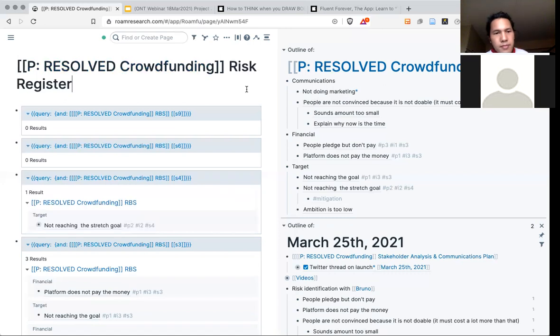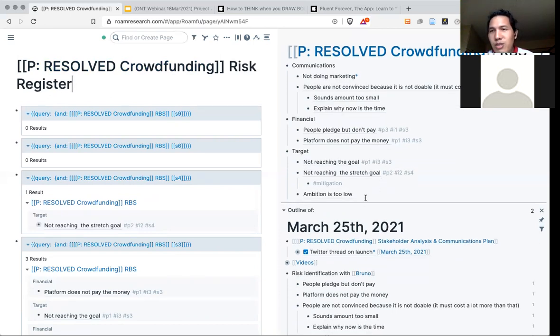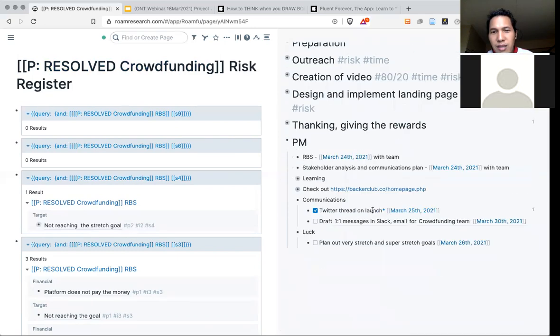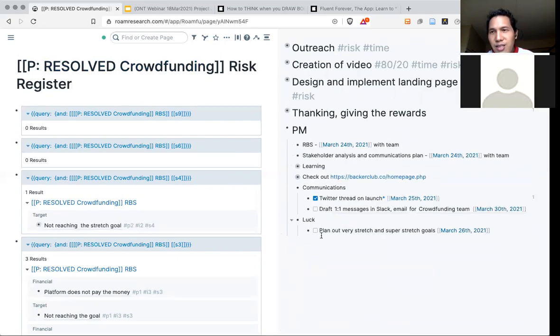Okay, so now we have all this, and what should we do next? Plan out our contingencies and mitigation, because that would have an impact on our WBS. When we were talking earlier and you said maybe your ambition is too low, I already added this to do tomorrow, because I just found out I missed this important aspect.